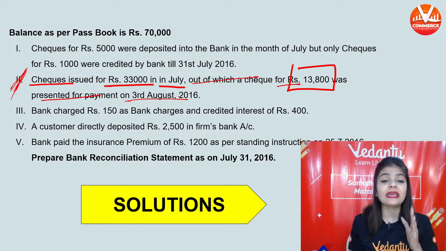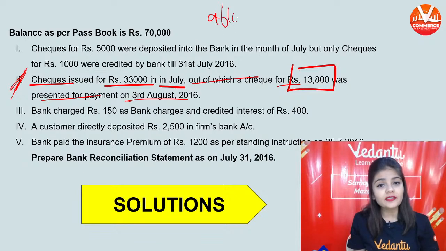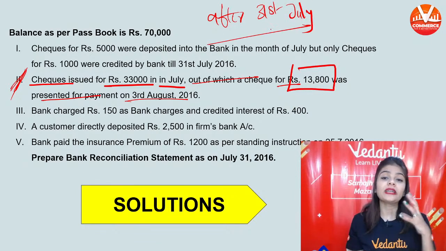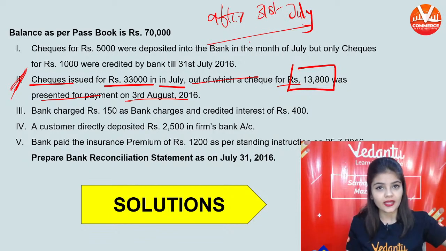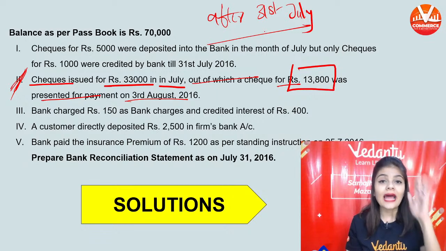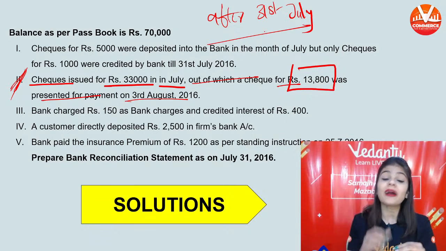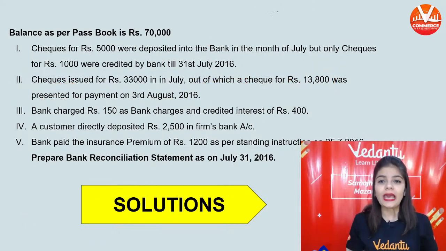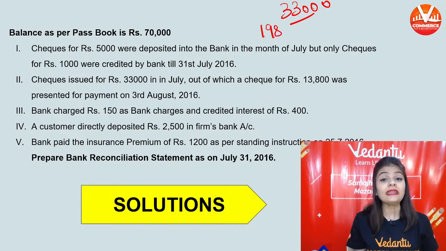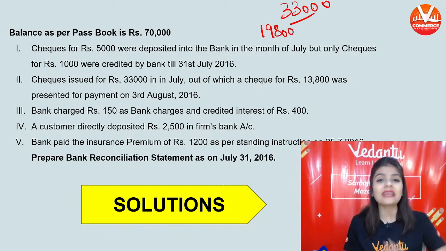It means it is presented after 31st July. It means that in the month of July it is not presented. So, in July, out of 33,000, only 19,800 is presented.